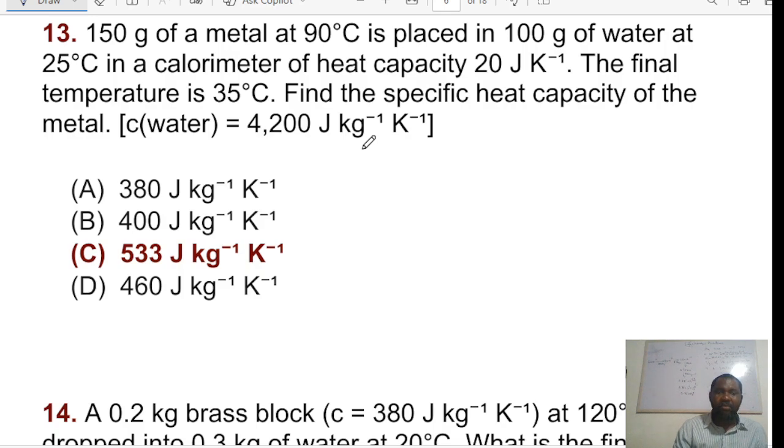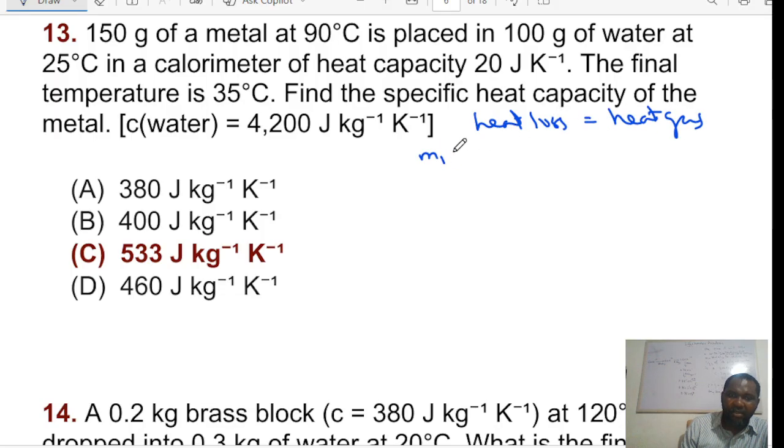Are you with me? But if it is given, then you cannot ignore it. You have to include it in the formula. So I'm going to rewrite this formula now. We have heat loss is equal to heat gain. Okay, it is a hot substance that loses.